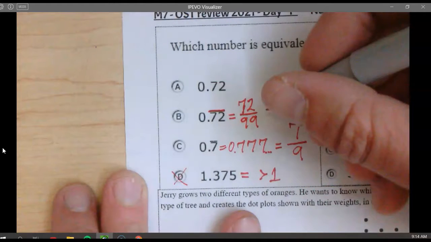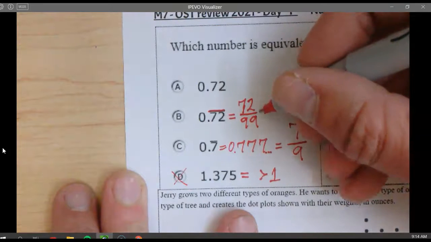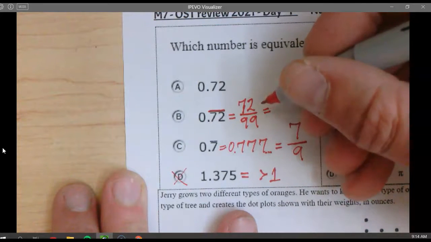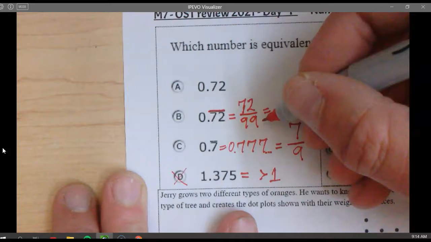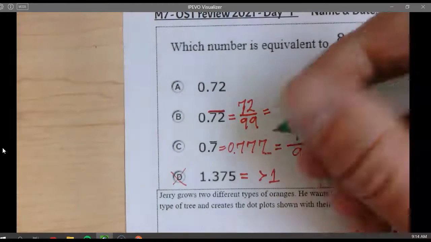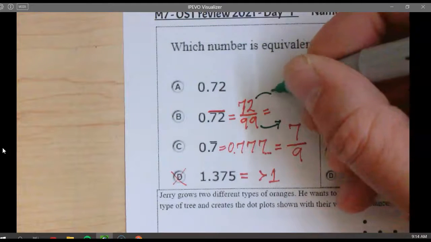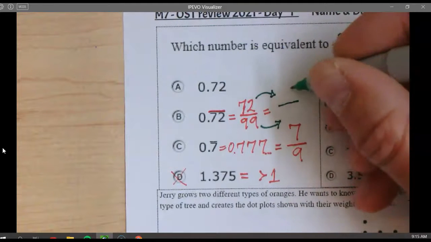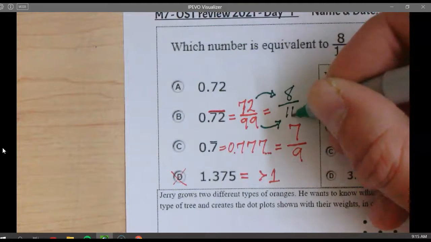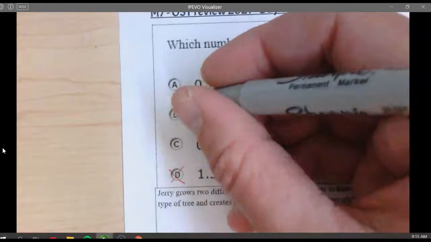Now wait a minute. 72 and 99 can both be divided by 9. This can actually be reduced and it becomes 8/11.